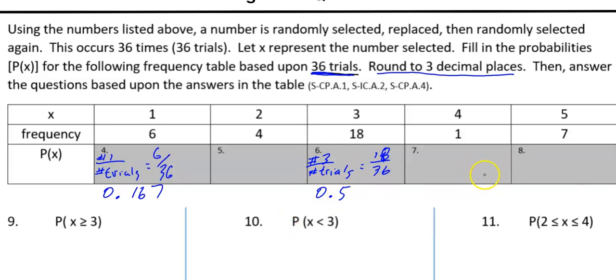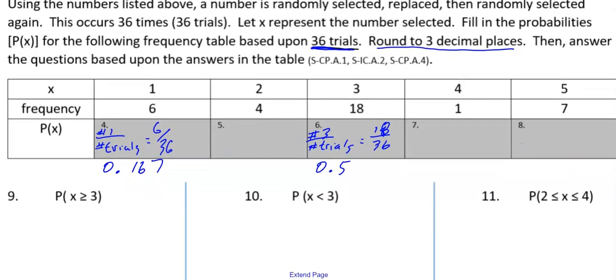All right. Now, when you answer questions 9, 10, and 11, what I want you to do is, because we're rounding decimals, don't start with the decimals, start with the fractions. So if I want to know what is the probability that I got a number that is 3 or greater, it's equal to 3 or more. So that's going to be the number of 3s, 4s, and 5s over the number of trials.